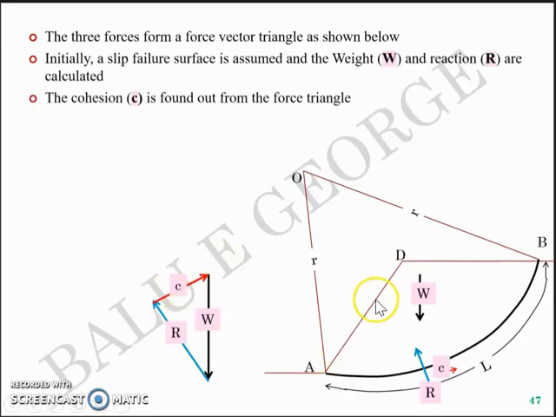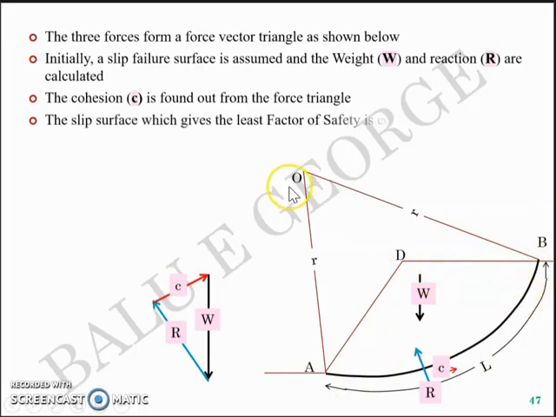And likewise, you take any other slip surface in an iterative process, ADB dash or ADB double dash, etc., and you proceed with finding weight W, reaction R, and hence the mobilized cohesion C. And you can play around with different combinations of the slope failure geometries, and the slip surface which gives the least factor of safety is considered to be critical.